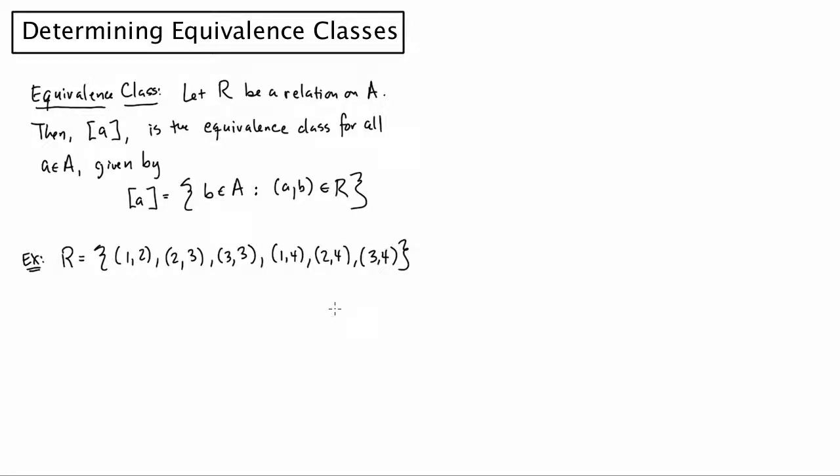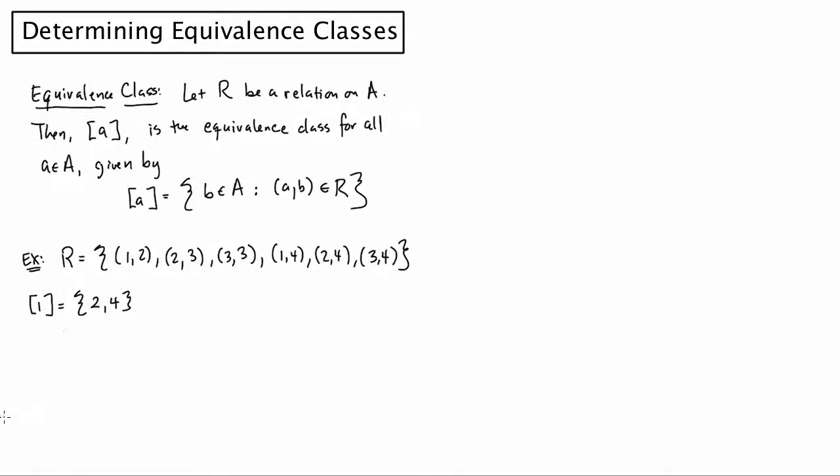Then I want to talk about what is the equivalence class for each of the elements. So let's start with the equivalence class for 1. The equivalence class for 1 is the set of all elements that 1 is related to. If you look, 1 is related to the element 2, and 1 is related to the element 4. Those are the only ones that we have that are related to each other.